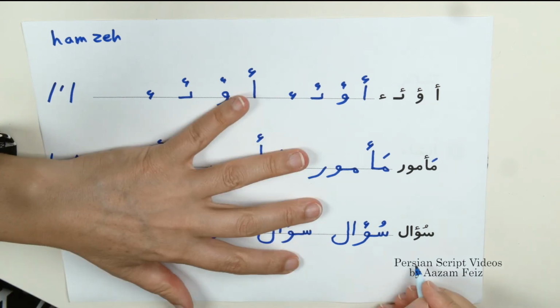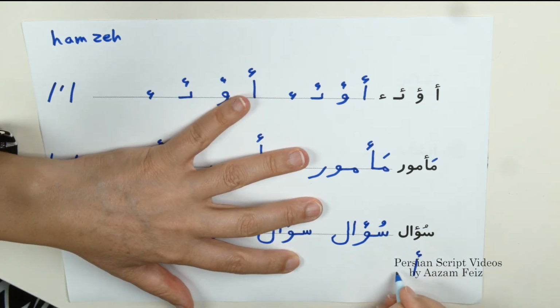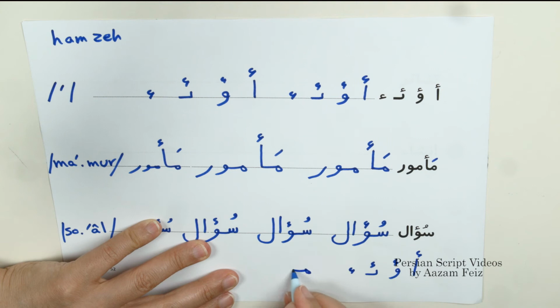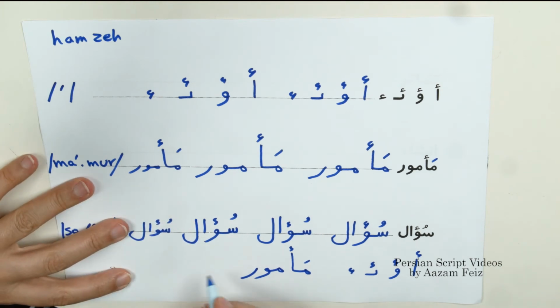So we learned hamzeh on alif, on vav, on this one, and then at the end. And then we learned ma'mur. Then we learned soal.